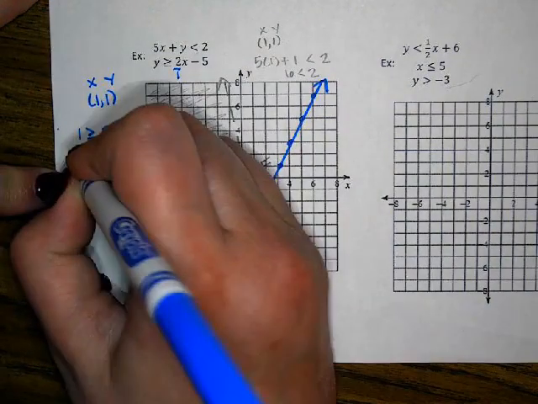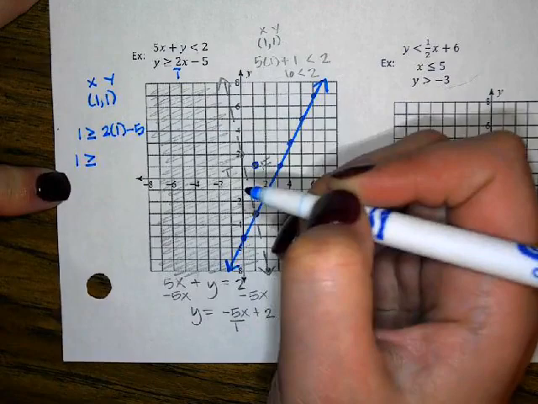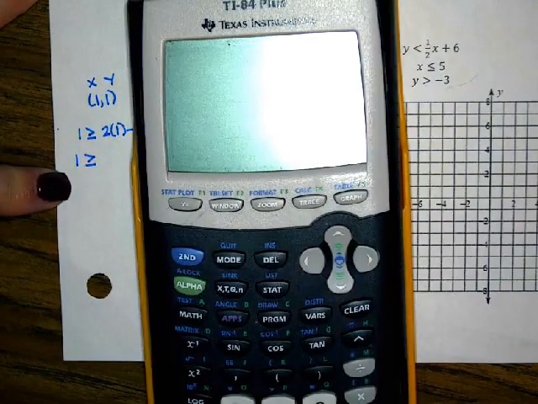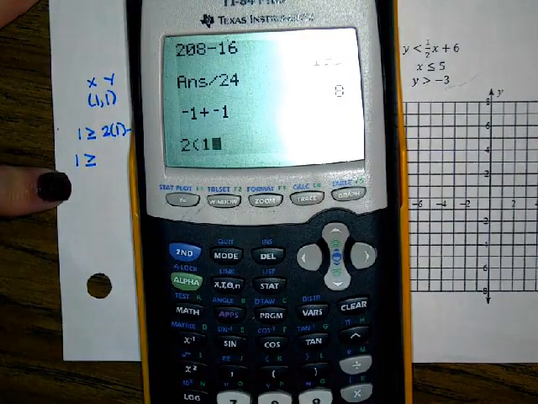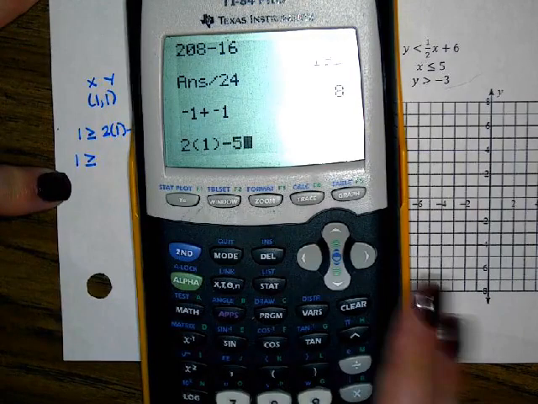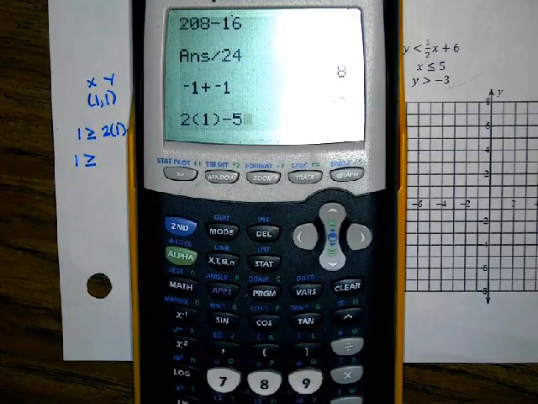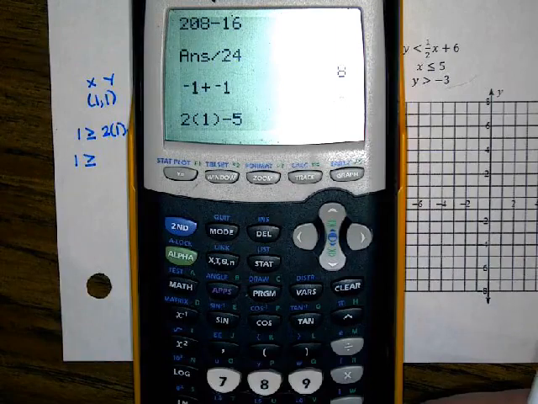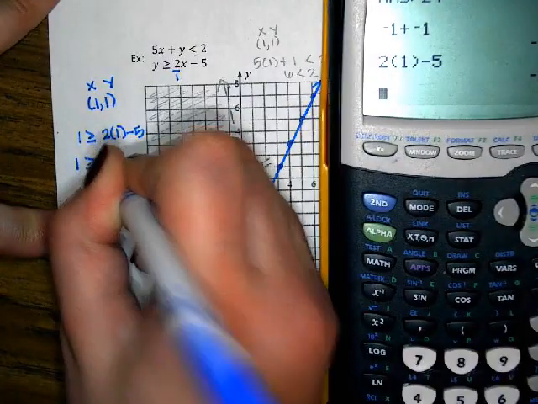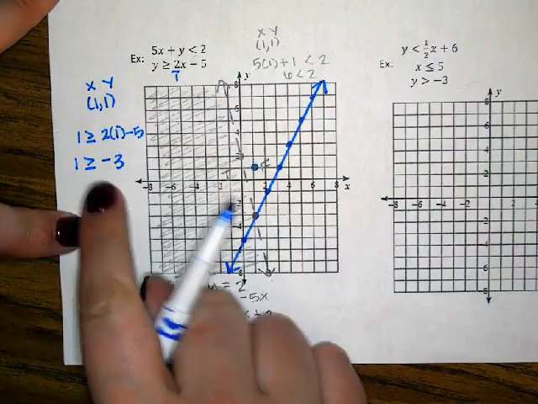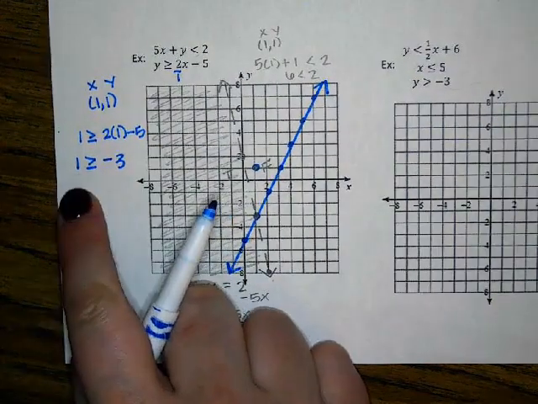You can always plug them in on a calculator and just type it in exactly the way it looks. So is it true that 1 is bigger than negative 3? Yes, that is true. So the point is true.